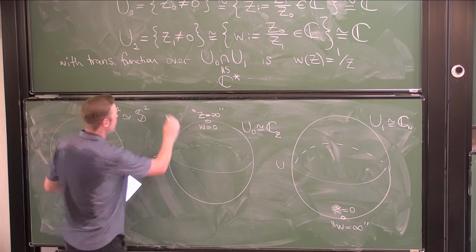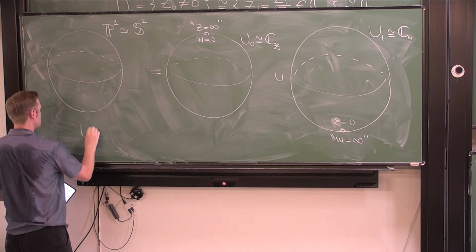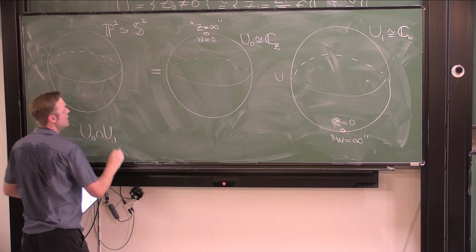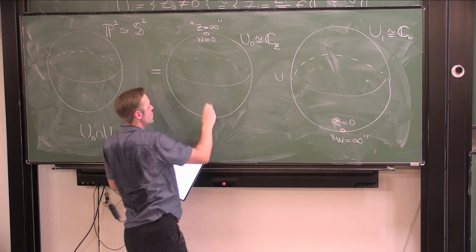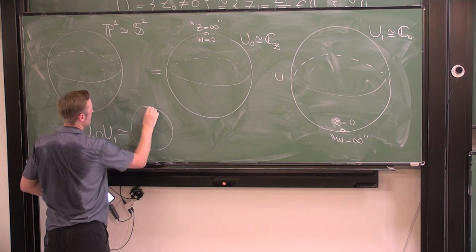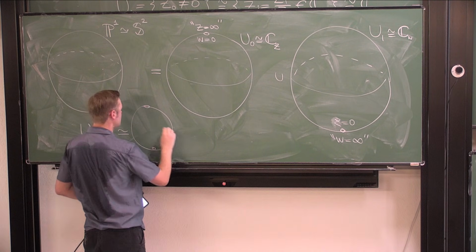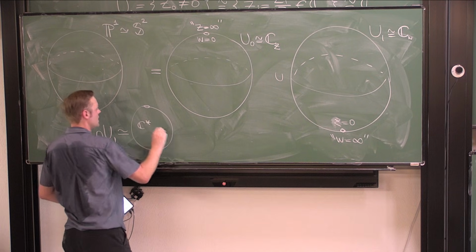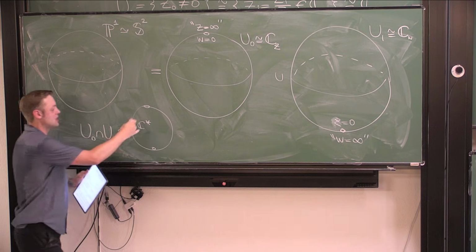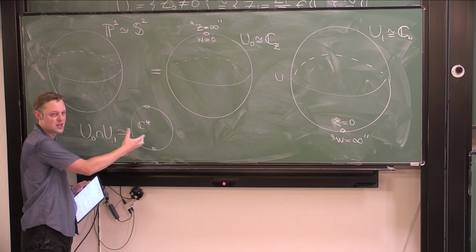And so what they intersect in, so U0 intersect U1 is just a sphere with 2 points missing, like this. And the reason I was referring to it as a cylinder, so this is a copy of C star, is because, topologically, the fact that these points are missing is kind of immaterial.